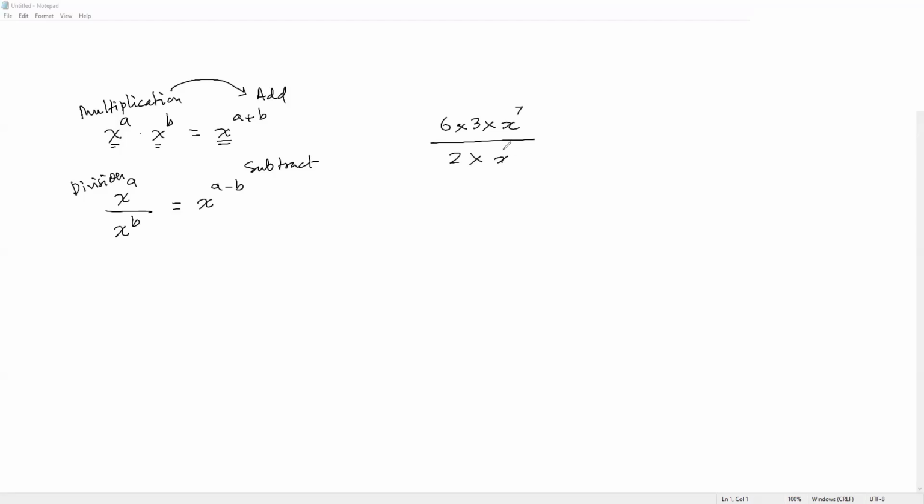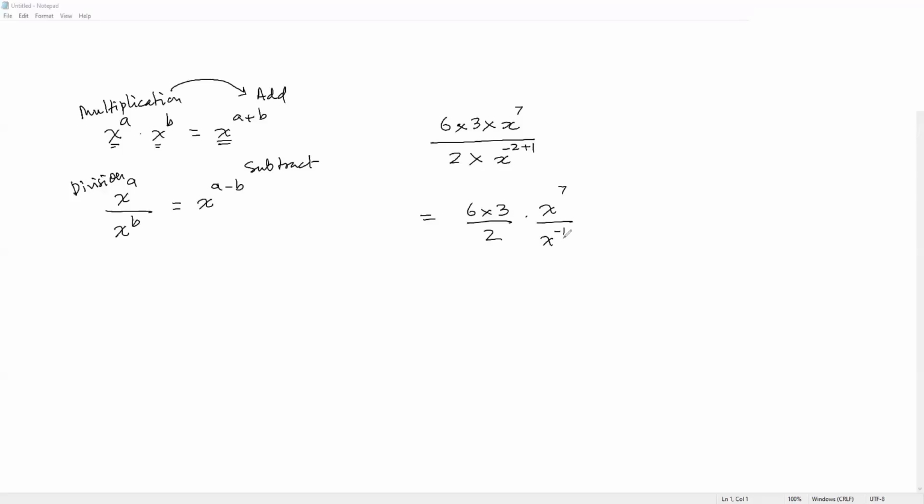So this is x to the power of negative 2 plus 1, so negative 1. So this becomes equal to 6 times 3 over 2, sorry, over 2, not over 3, multiplied by x to the power of 7 over x to the power of negative 1.